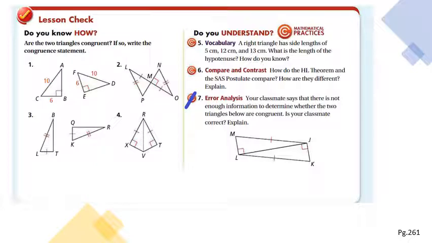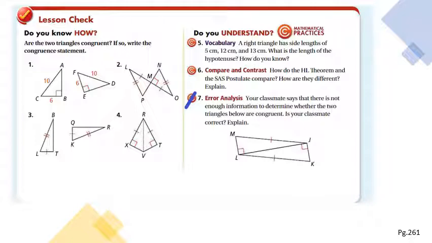Okay, let's see here the last question in this lesson, page 261. Error analysis. Your classmate says that there is not enough information to determine whether the two triangles below are congruent. Is your classmate correct? Explain. Okay, so let's check. We said we should have three conditions to prove by HL theorem.